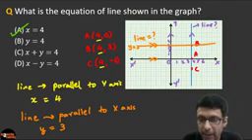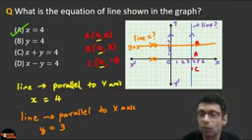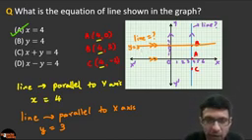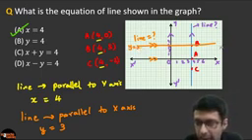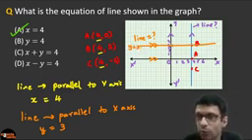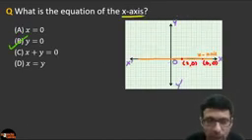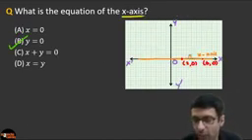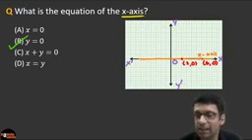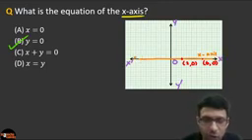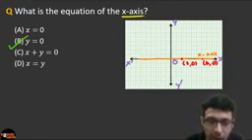When we had this line, remember we took the orange line which was parallel to the x-axis? And what is the value we got there? y equal to 3. This orange line was parallel to the x-axis, and its value was the y value, y equal to 3. Similarly, the horizontal line passing through the origin is on the x-axis, so its value is going to be the y value.